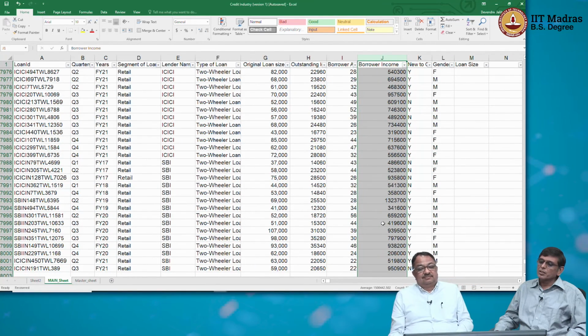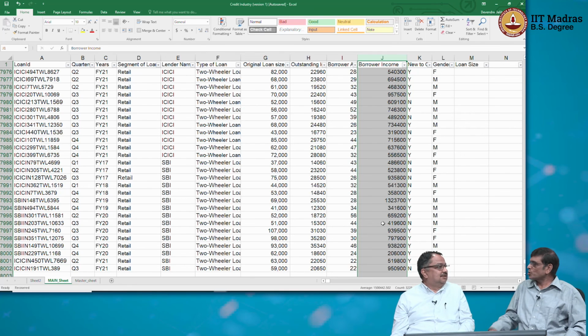The date of origination and outstanding as of today. The outstanding is always as of today. But if it originated yesterday, then today it will be the same thing. Otherwise, it will decay faster. So, some people may be rotating their loans, they may not be paying. Is there a way to figure out whether people are paying their loan or not? With this data, no. Each loan says how much is outstanding.